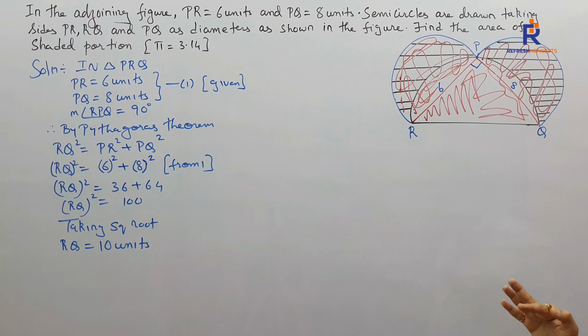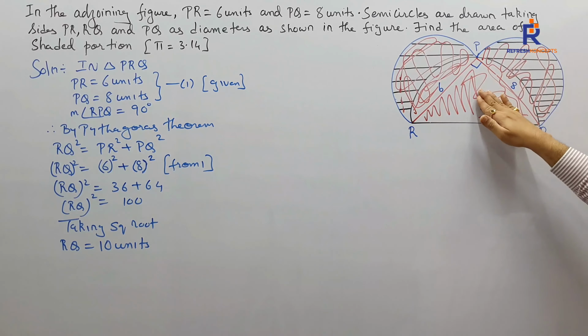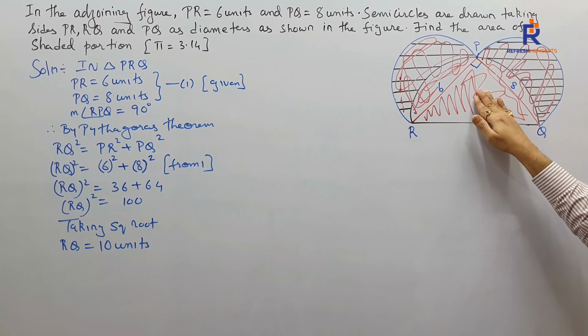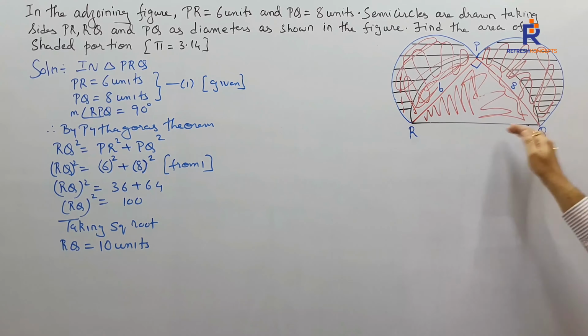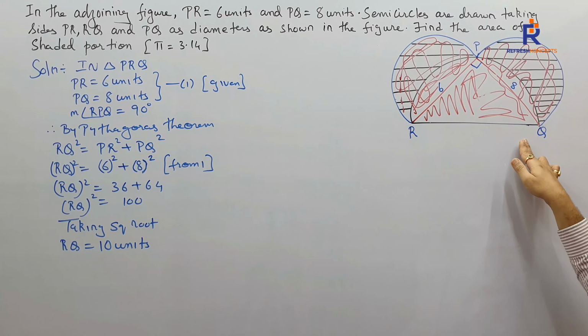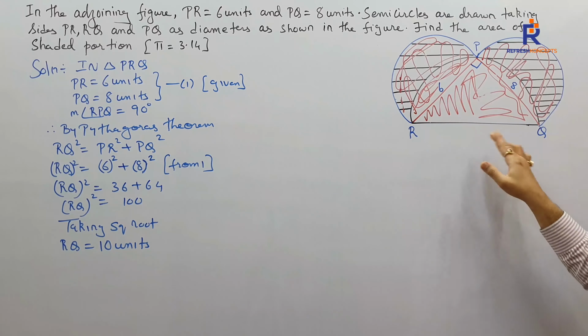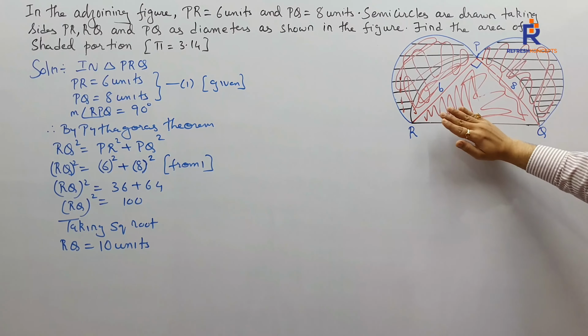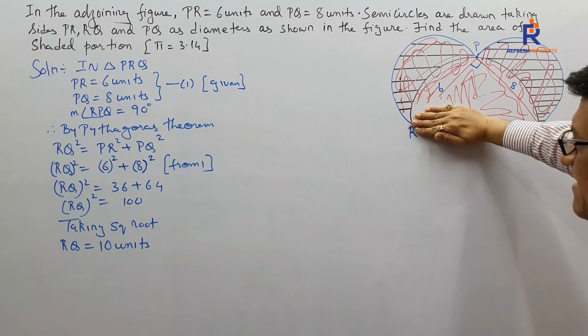Children, after adding 1, 2 and 3, can you see this semicircle with RQ as a diameter? I am going to subtract the area of the semicircle with RQ as a diameter. I want you people to see this. See this? I am subtracting.